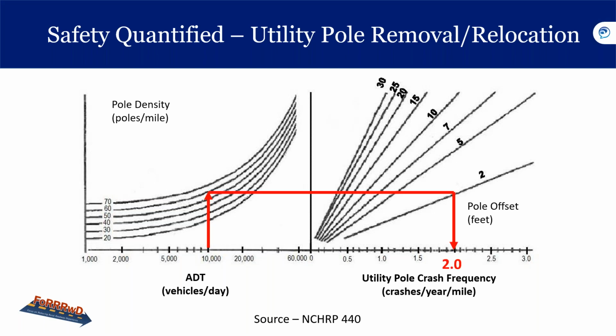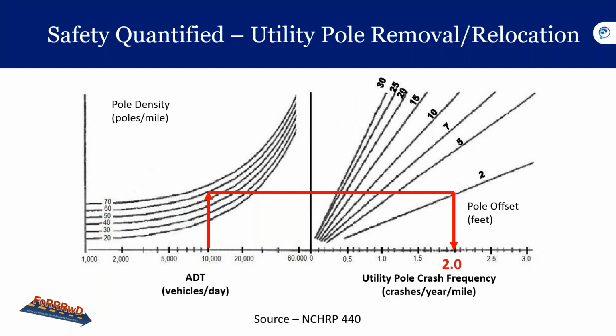And then we go over to a pole offset of an average of 2 feet off the edge of pavement. So this results, as you can see the arrow coming down to this number here, in 2.0 utility pole crashes per year per mile. And this does not predict severity, but frequency.